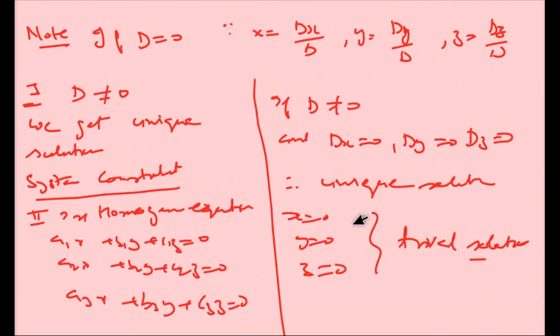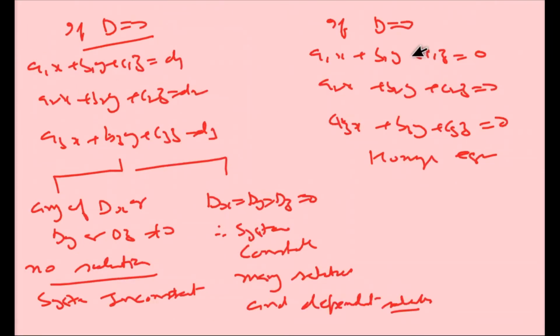Okay, now if d not equal to 0, dx, dy, dz equal to 0, then we get x equal to 0, y equal to 0, z equal to 0. But what about this?